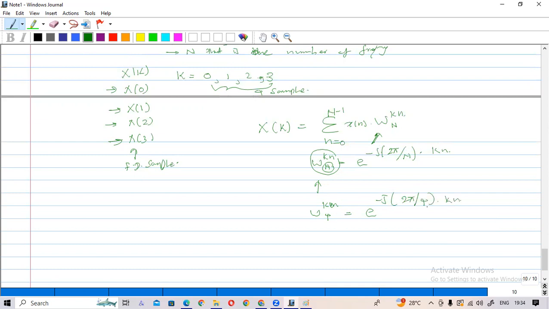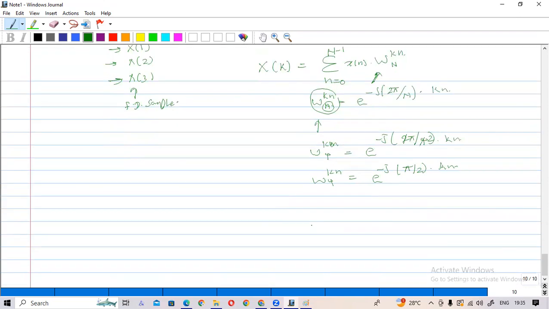This is small n, and this is capital N, which is 4 now. So the 2 cancels out, and W_4^{kn} is equal to e to the power minus j π by 2 times kn. So you can directly use this.